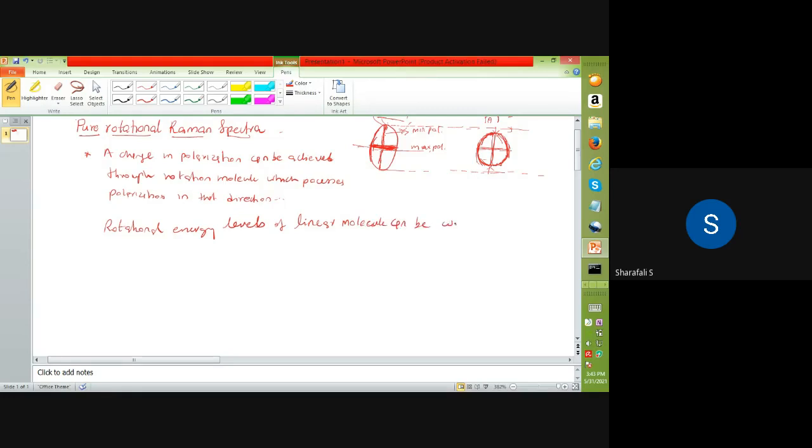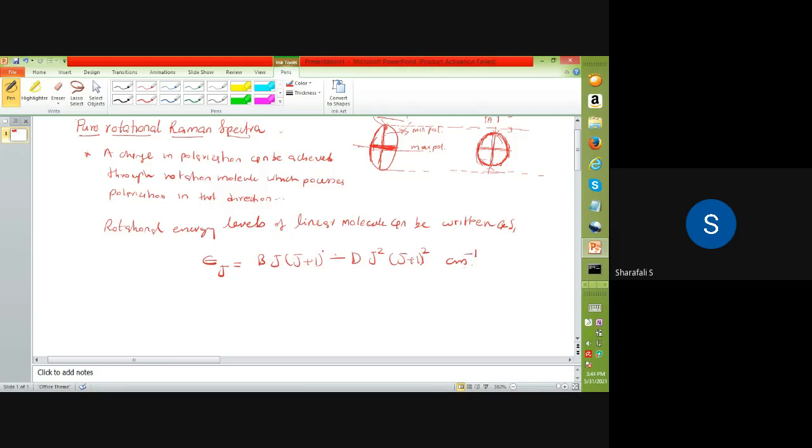and this we already studied in microwave spectroscopy. It is given by, expressing it as epsilon J in centimeter inverse, B into J(J+1), and in addition to this we have the centrifugal distortion constant, D J squared into (J+1) squared, in centimeter inverse.